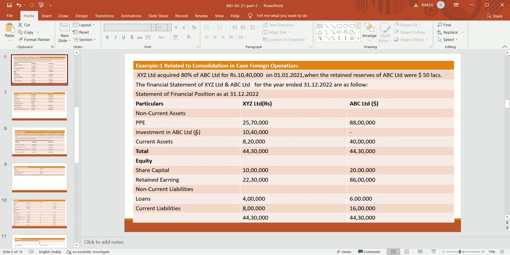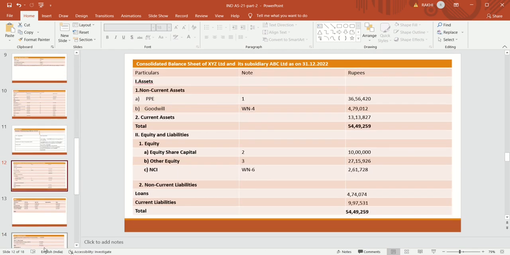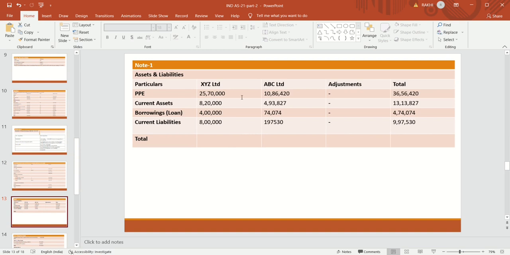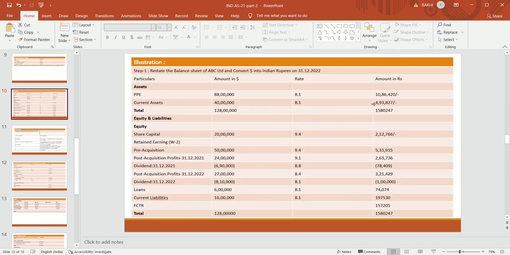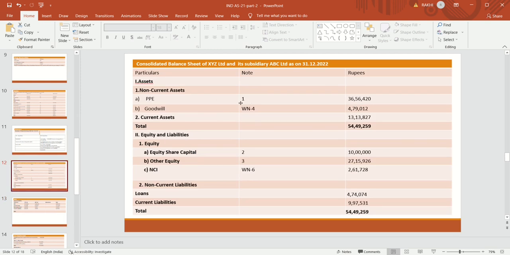So XYZ Limited's property plant is 25,70,000. So it will be 25,70,000, and whatever we have restated, that PP is 10,86,420. Then current asset, as in this way we will add all the items, property, plant, current asset, borrowings, and we will keep this in the consolidated balance sheet.